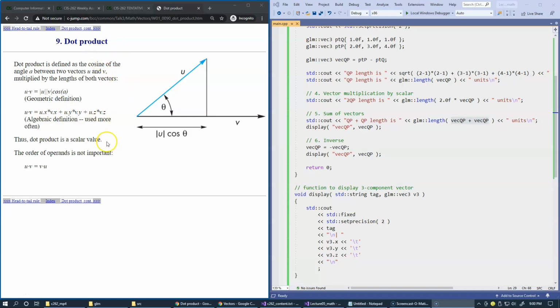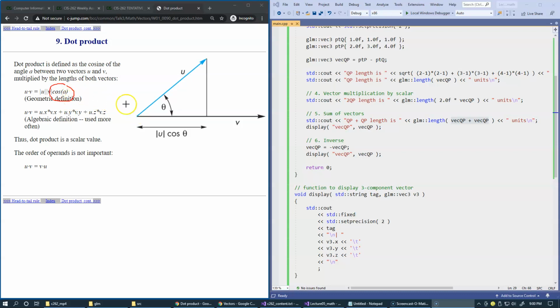The resulting value is just a number, a scalar value, and the order of the two vectors is not important. uv or vu yields the same result. A quick observation here is that if the lengths of two vectors are equal to 1, which means they're normalized, then the result of the dot product depends only on the angle between these two vectors.